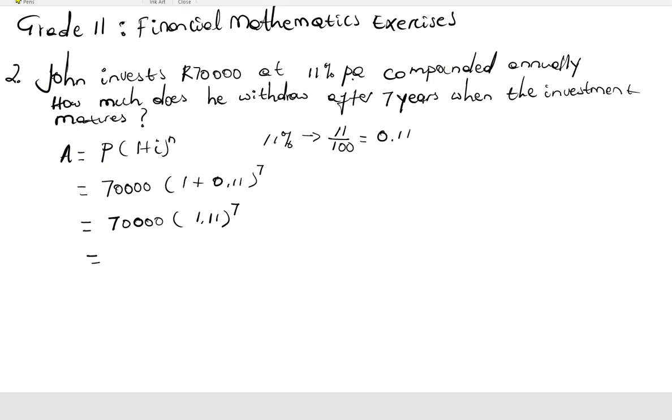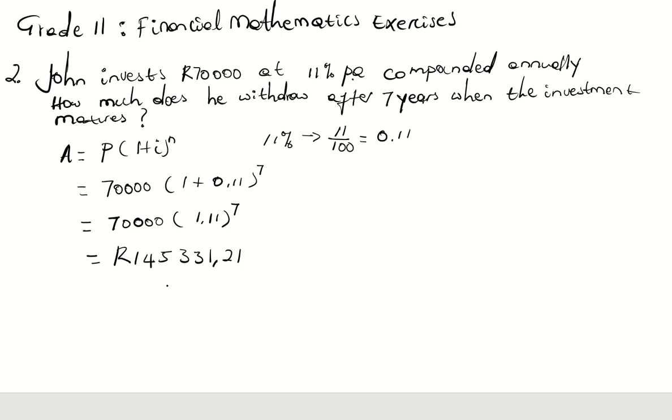So the amount that I get when I work that out on the calculator is 145,331.21. Okay. And that is how much John will get on his investment.